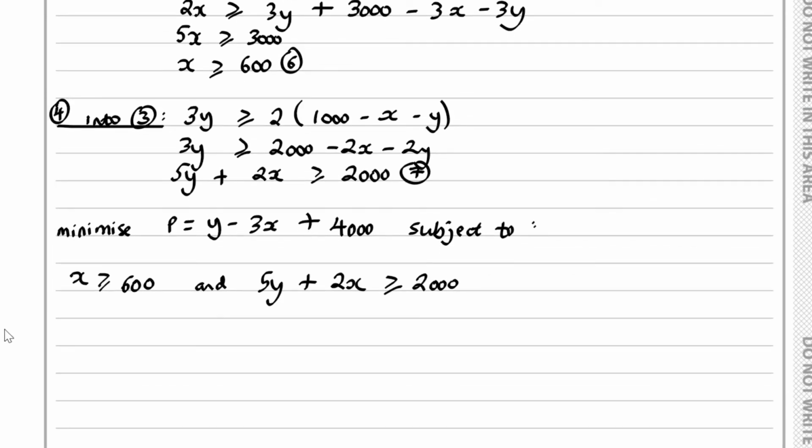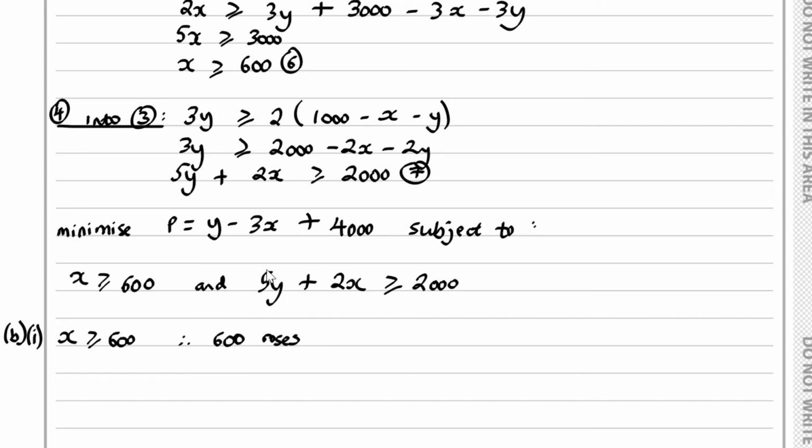We want to minimize, so for the first part of part B, if we know that x is greater or equal to 600, we can therefore conclude that we require 600 roses.